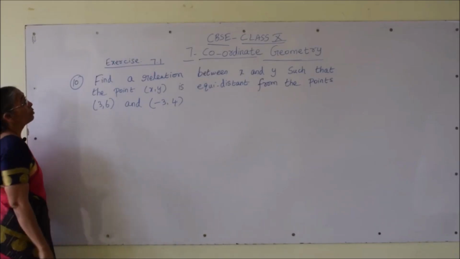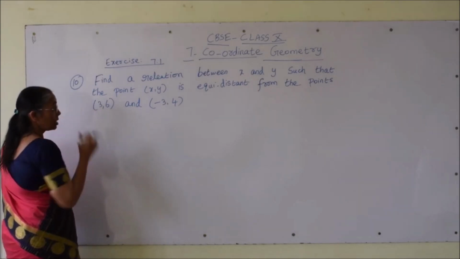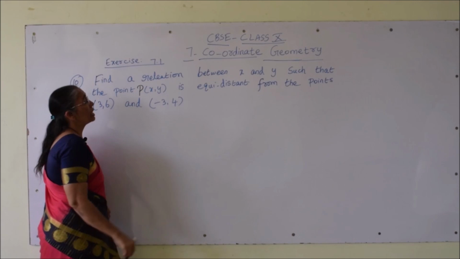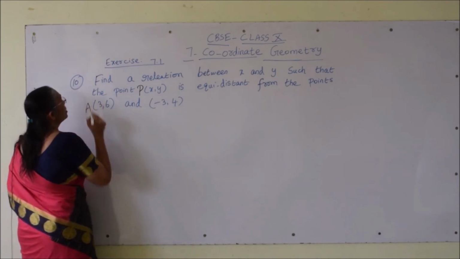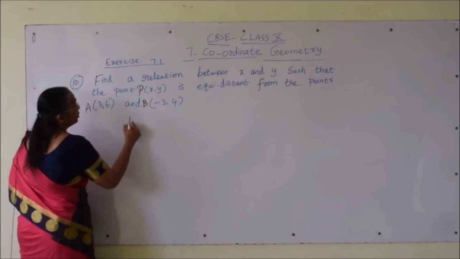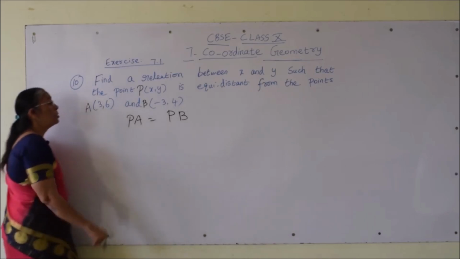Tenth problem: find a relation between x and y such that the point (x, y), so consider the point (x, y) as P, is equidistant from the points A (3, 6) and B (minus 3, 4). So, according to the given condition, PA is equal to PB.